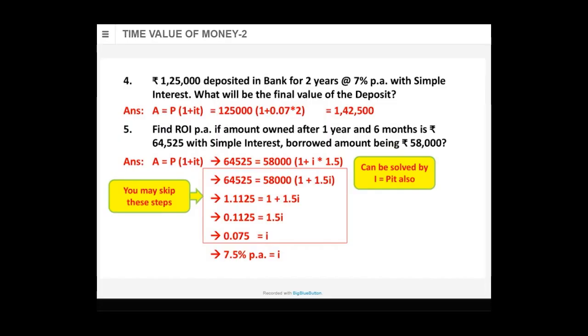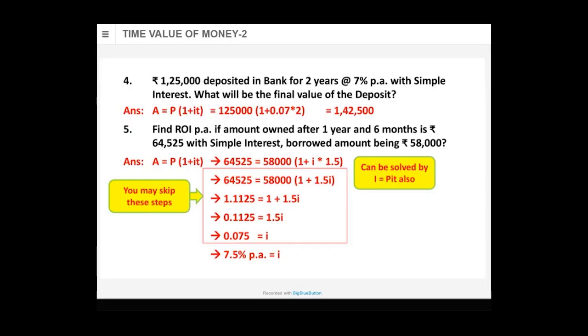At the most use pen, pencil to write the formula and substitute the values. That is, in this case, A is equal to P in bracket 1 plus IT. You write the substituted values: 64,525 is equal to 58,000 in bracket 1 plus I into 1.5.